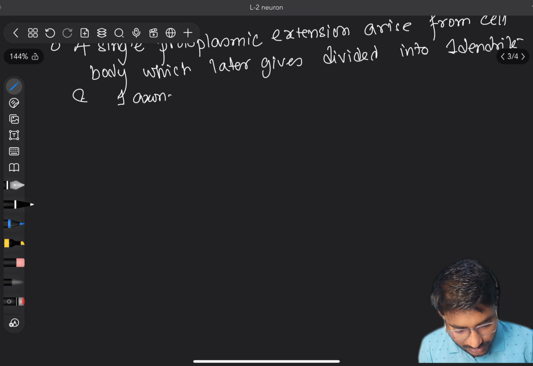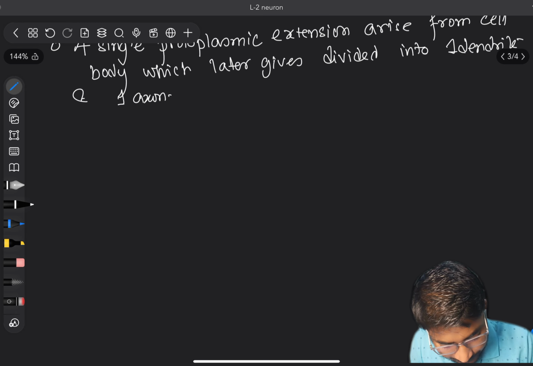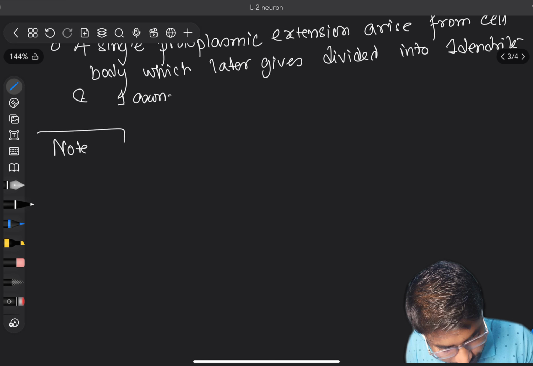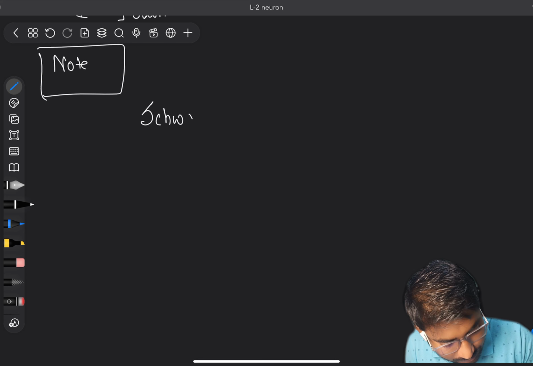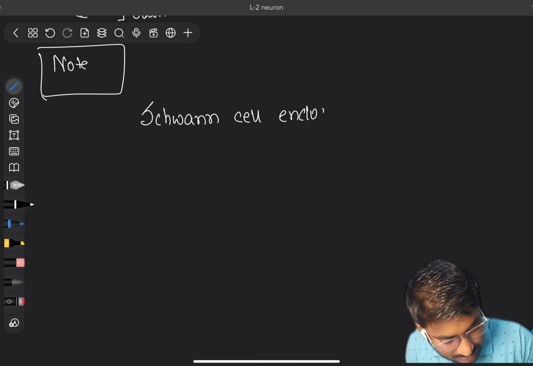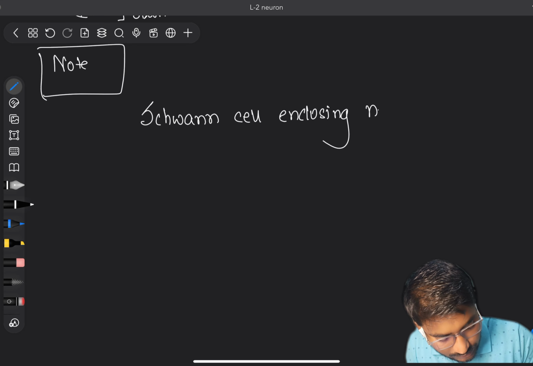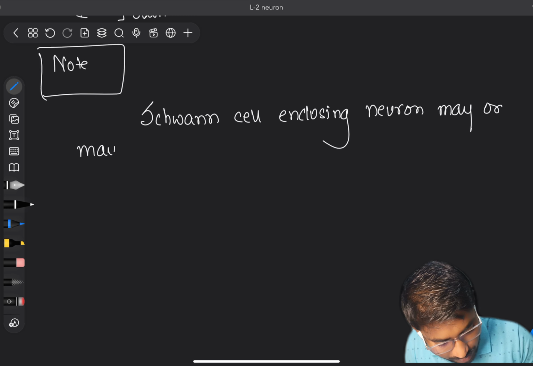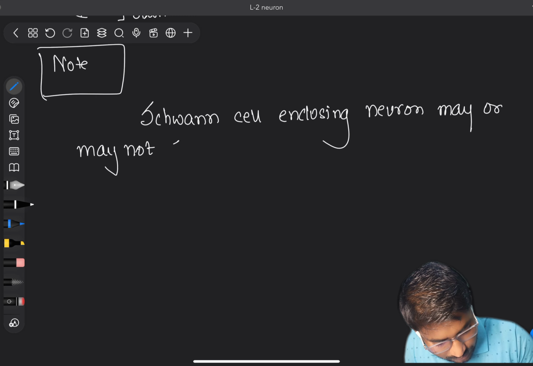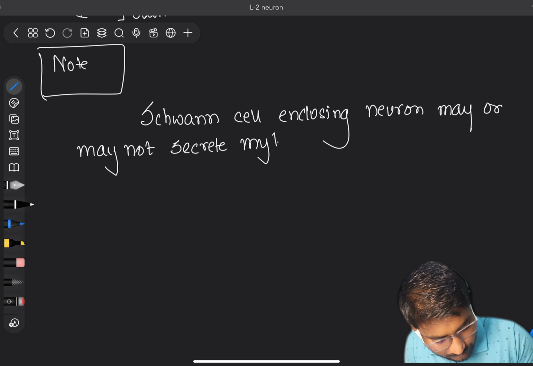Okay. Now, note. The Schwann cell enclosing a neuron may or may not secrete myelin.